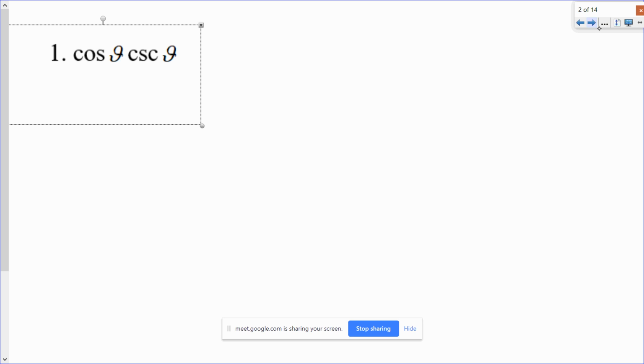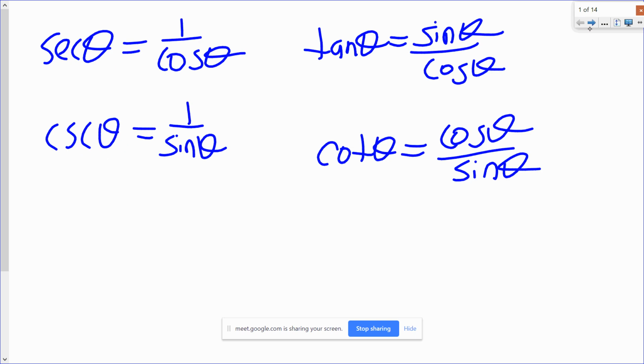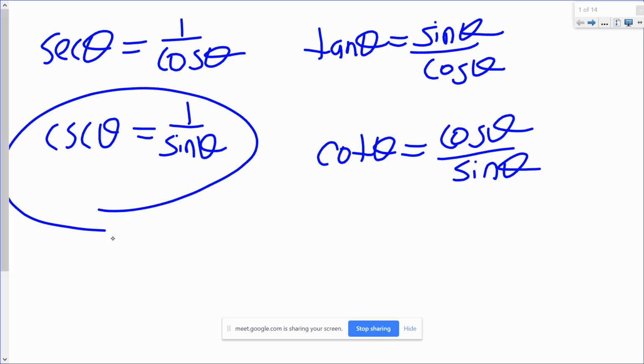So I want to express everything in terms of sine and cosine. That's the understanding that you need to have. I want everything to be in terms of sine and cosine. So cosine is already in terms of sine or cosine, so I'm not going to change cosine. Cosecant, well, cosecant is 1 over sine.